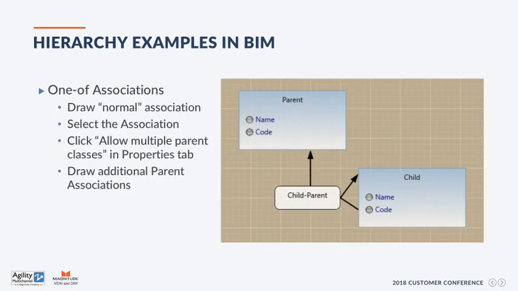So visually, one-of associations, for example, in BIM look like this. You first draw a normal association, then select the association properties and click a button labeled Allow Multiple Parent Classes, and then you're allowed to draw any additional parent classes as required. So it can be used one of two ways. In this view, we're using a parented involution.